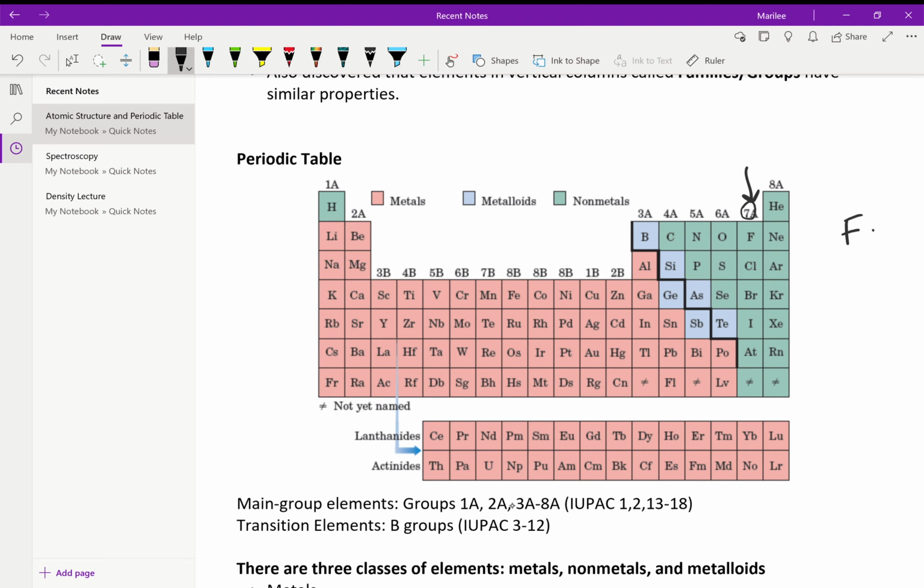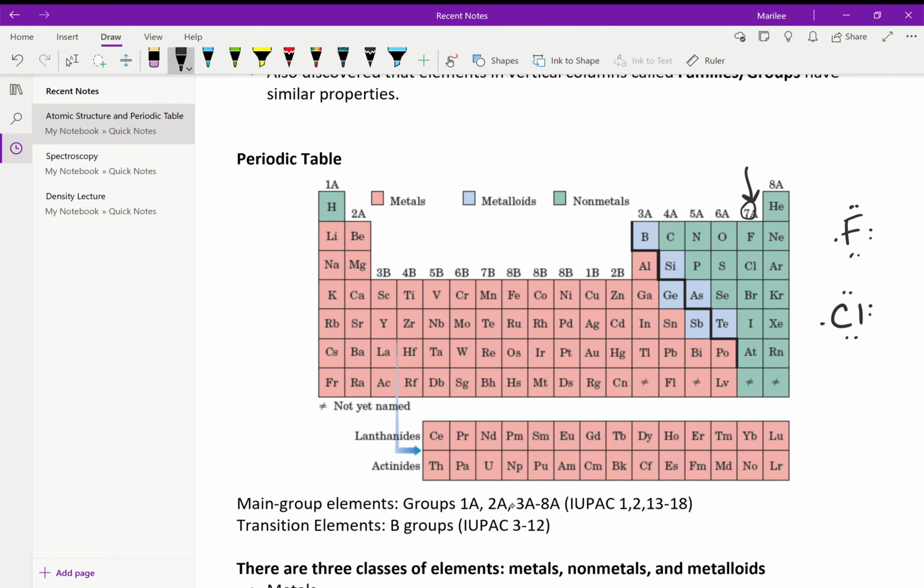So fluorine, we have 7. We have 1, 2, 3, 4, 5, 6, 7. And then chlorine will be the same thing: 1, 2, 3, 4, 5, 6, 7.